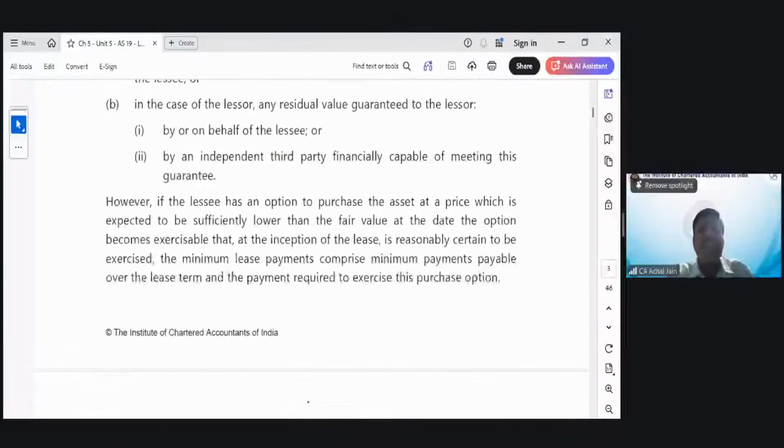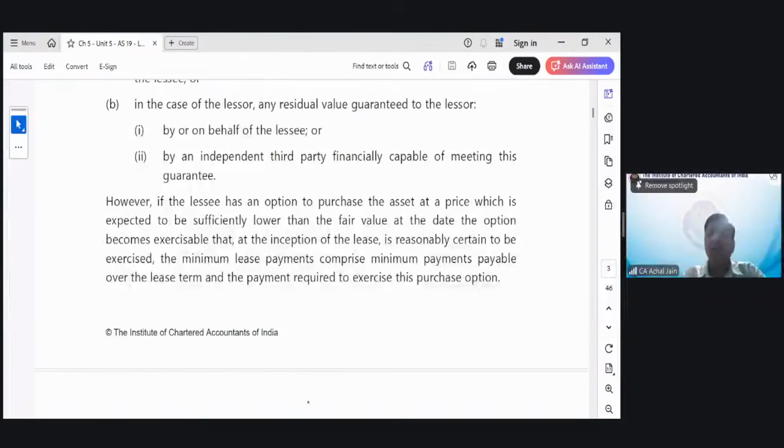But when it comes to the lessor, any residual value which is guaranteed to the lessor by or on behalf of the lessee, or maybe there is a third party who has given a guarantee for that, from the lessor's perspective you will include that guaranteed residual value. Is it necessary that it has to be guaranteed by the lessee? No. Maybe it's guaranteed by any other party.